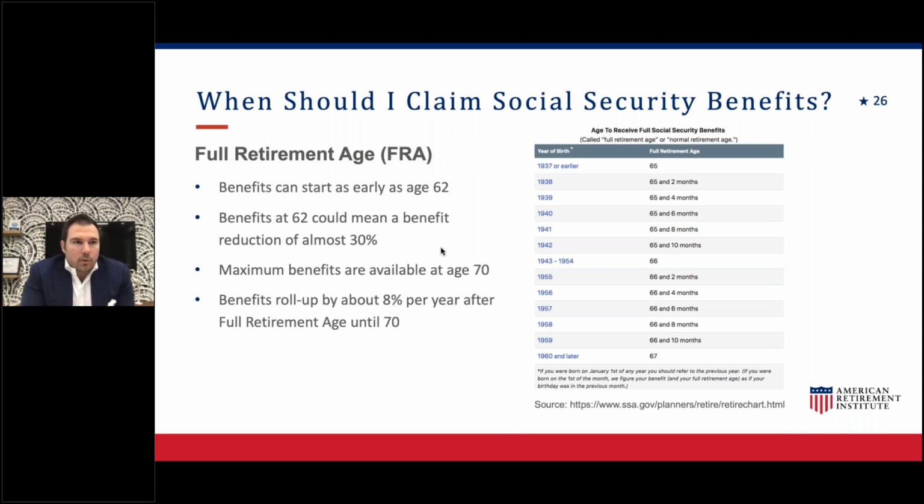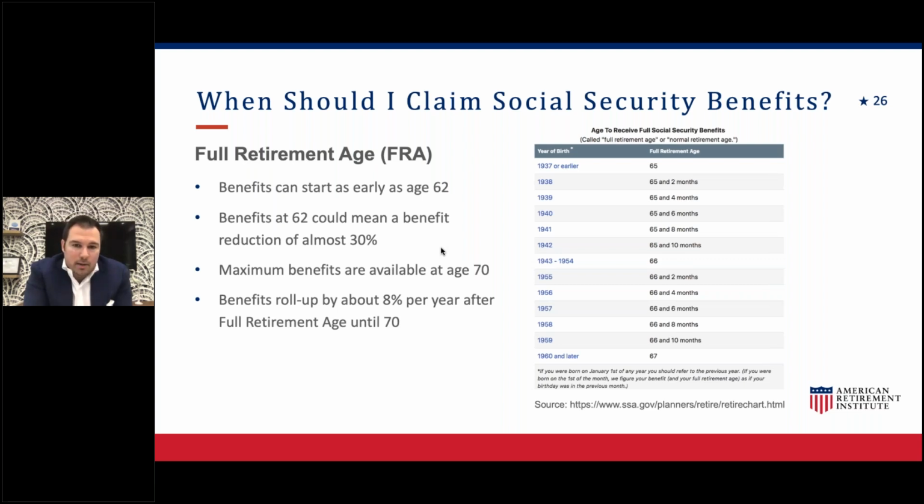We had a gentleman come to a workshop years ago, and he said, you know what, Abe, until I listened to your presentation tonight, I always thought that waiting till 70 was best for everybody to take benefits because your benefit's the largest. Well, yeah, your benefit is the largest, but what if you die of a heart attack at 72? What if you die at 75? What if you die at age 80?